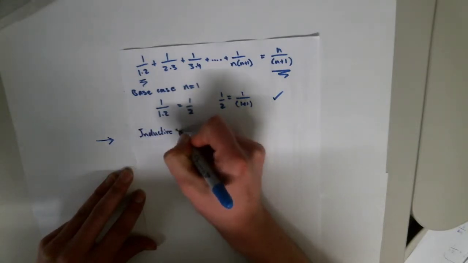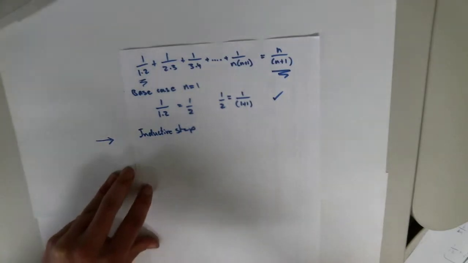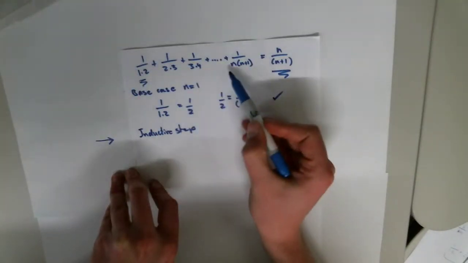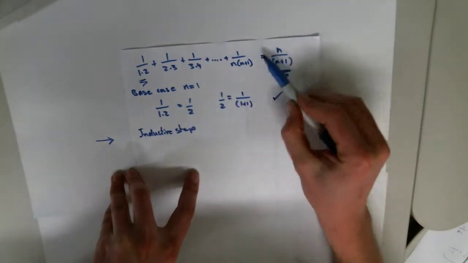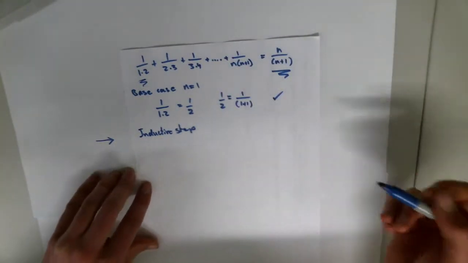inductive step. And our inductive step just says this, adding another term, we have to show that that is equal to this if we replace n with n plus 1.